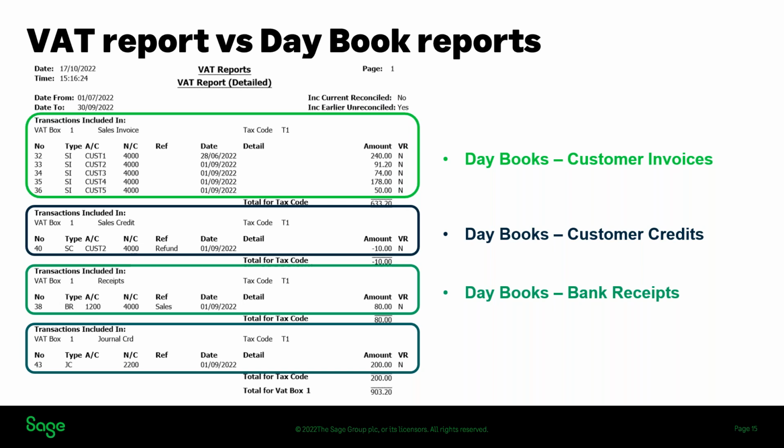If I did have any cash receipts, they would have a type of CR as opposed to BR, and any credit card receipts would show as VR instead of BR. And then finally, the Daybooks Nominal Ledger, and again, I'm just going to be looking specifically at JC transactions only.